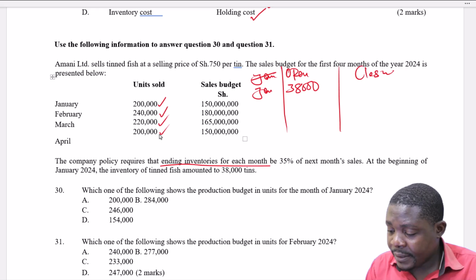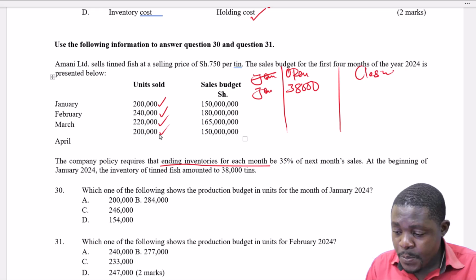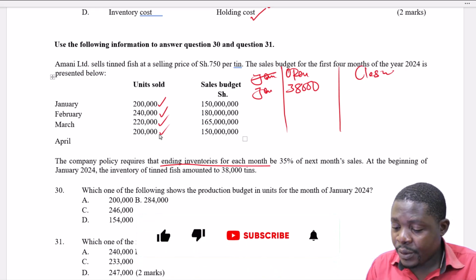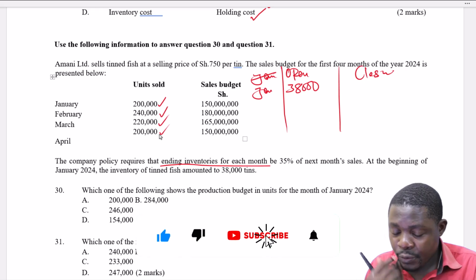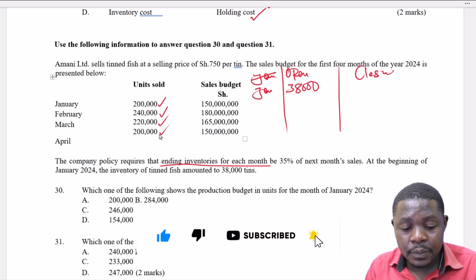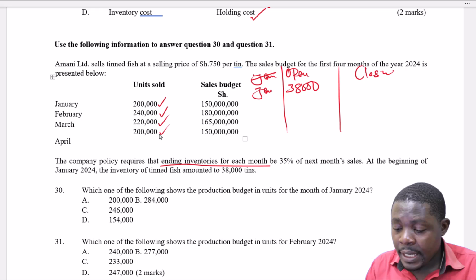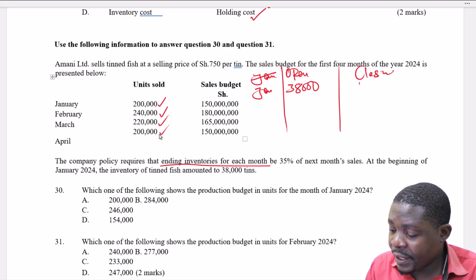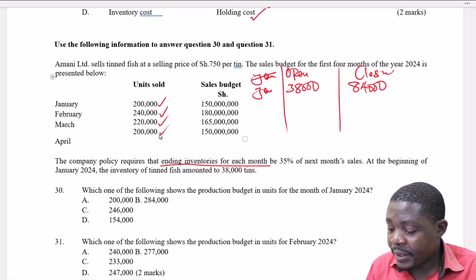So we multiply 35% by the sales for the following month, which was 240, giving 84, so closing inventory is 84,000.